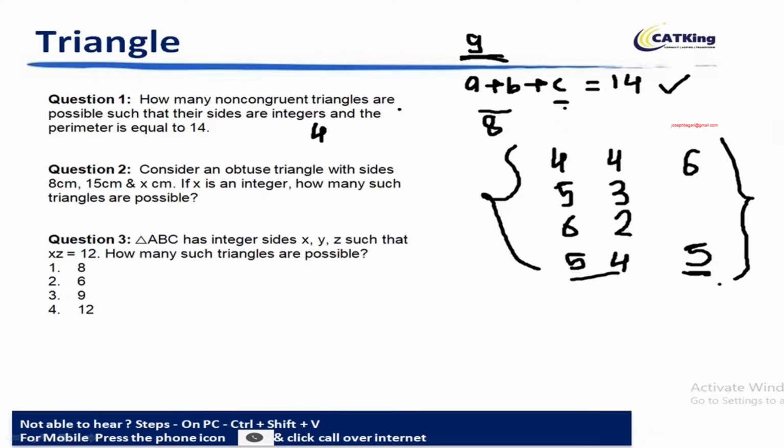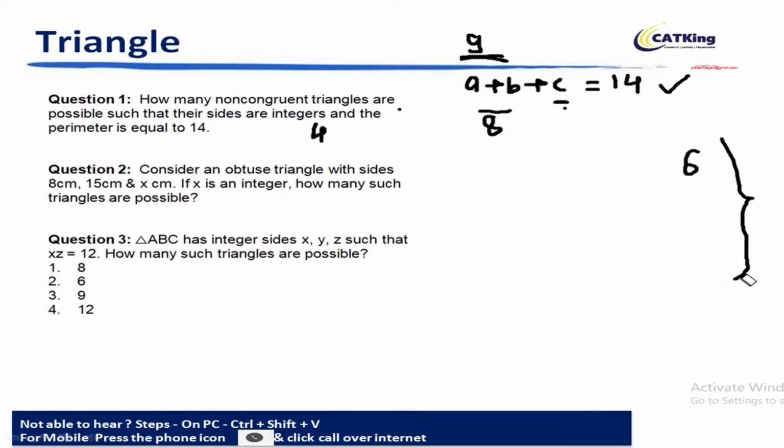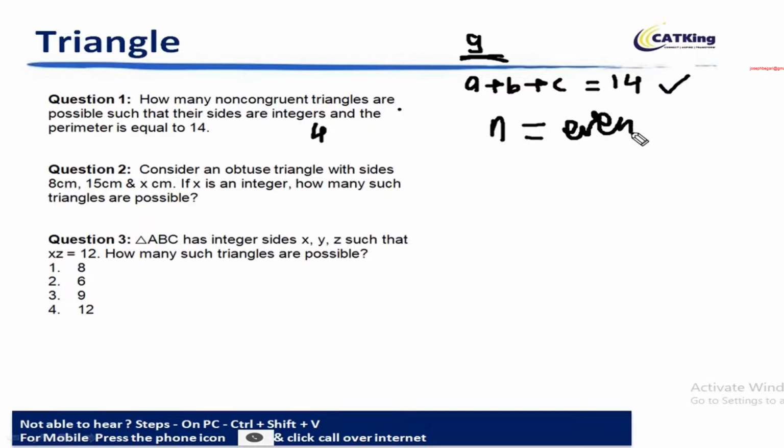Also, apart from this basic method, we can use a shortcut method here, which states that if n represents the perimeter, and the value of the perimeter is even, then the number of non-congruent triangles is equal to n square by 48, right?